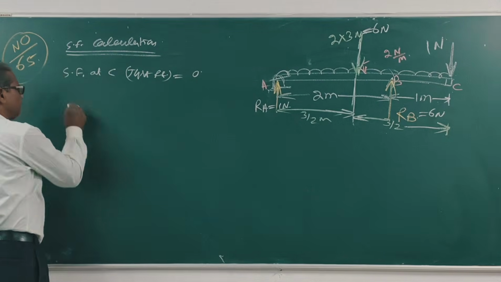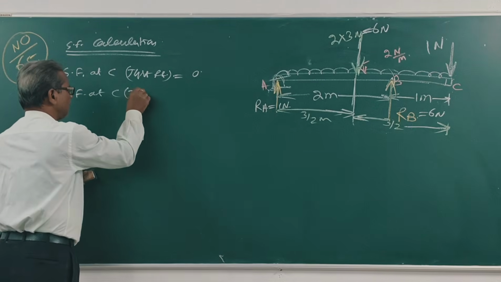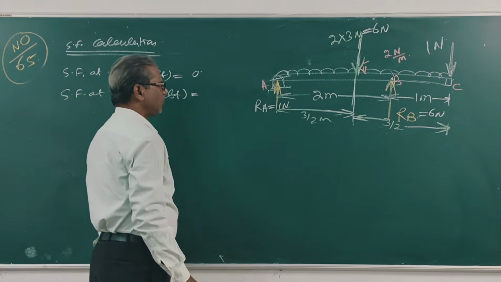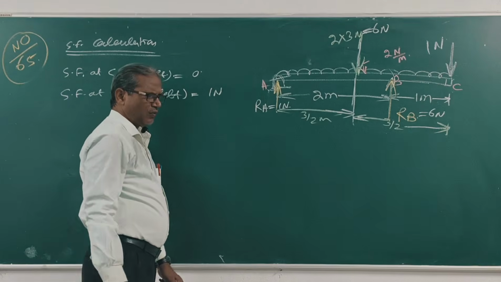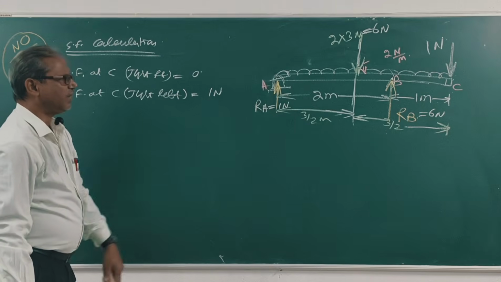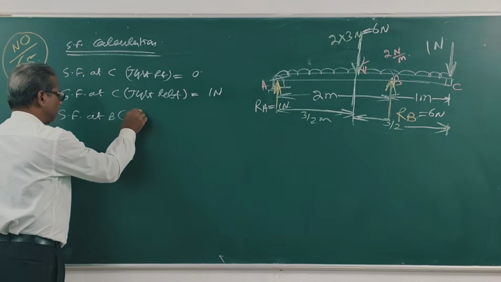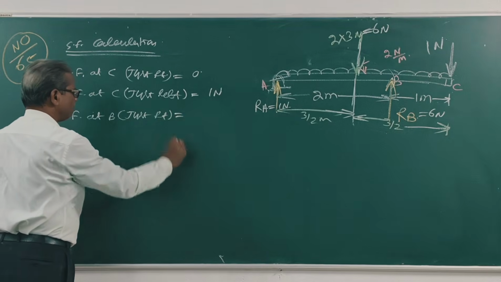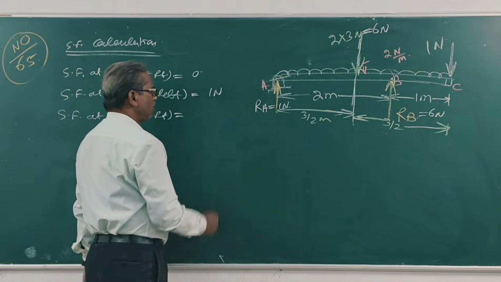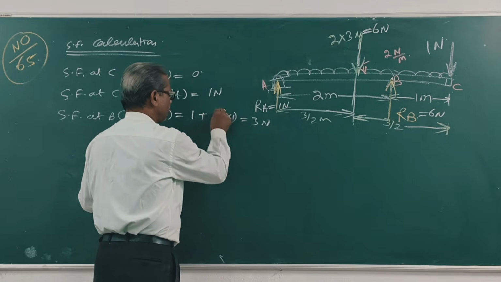Clear? Shear force at C just left is 1 Newton, downward positive. Next, shear force at B just right: 1 plus 2 into 1, 3 Newton.